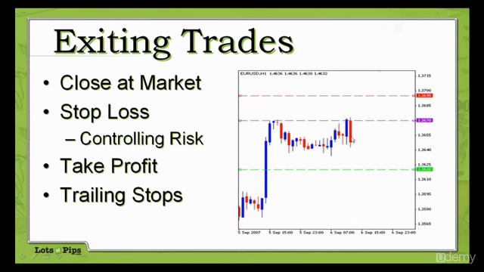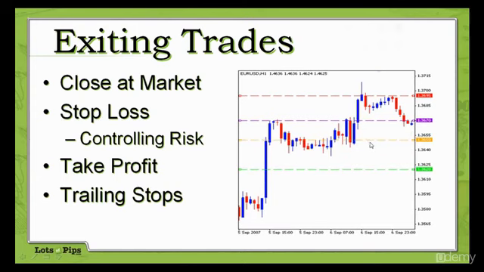And so if it comes down here, it's going to close me out with a profit. If it goes back this way, it's going to close me out with a loss, but it's going to protect my capital. And right here's where I got in. And so I can do that. I can close at a market, or I can wait till it's my take profit, or I can wait till it hits my stop loss, or I can use a trailing stop loss.